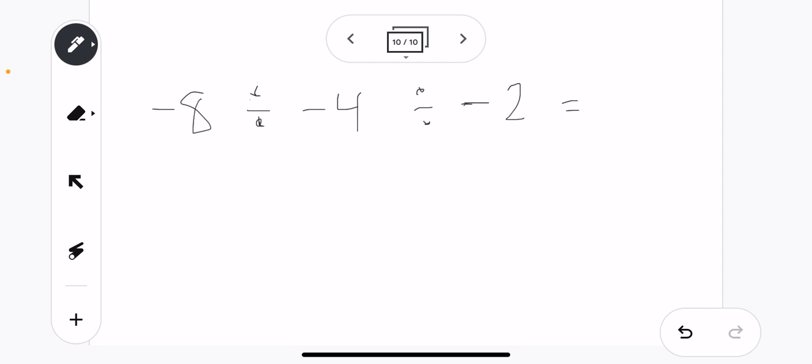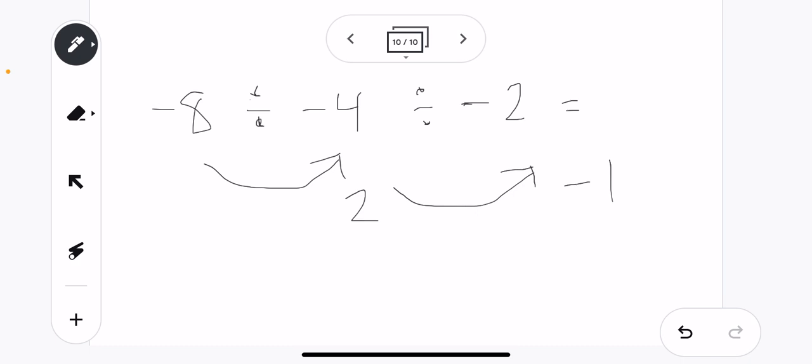In this case, let's go negative 8 divided by negative 4. This is going to be positive 2. But this divided by negative 2 is going to result in negative 1.